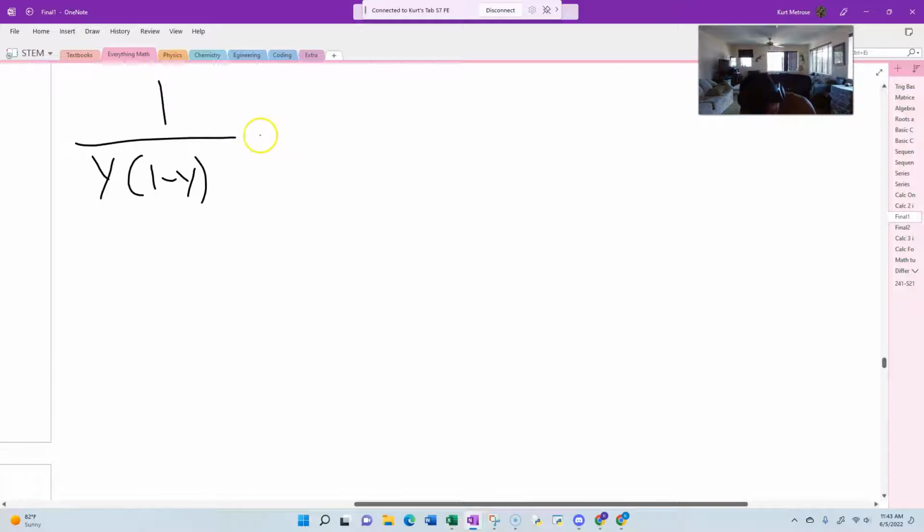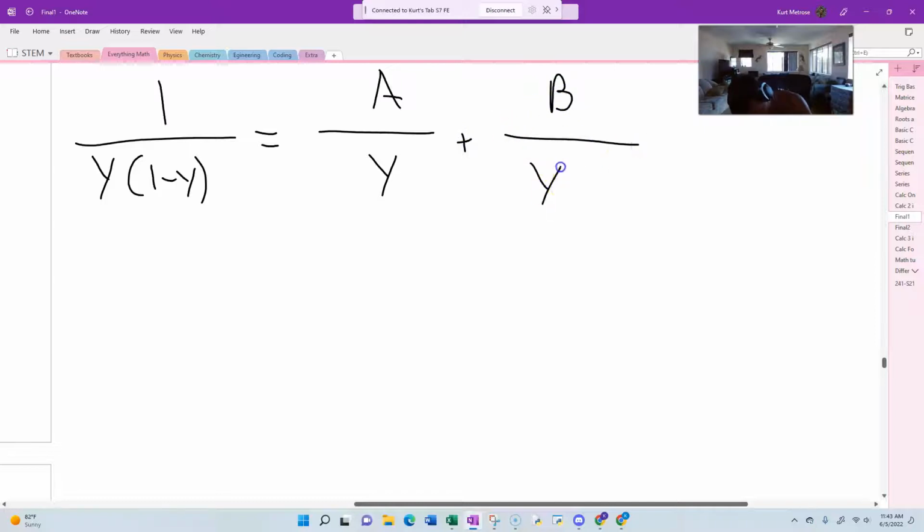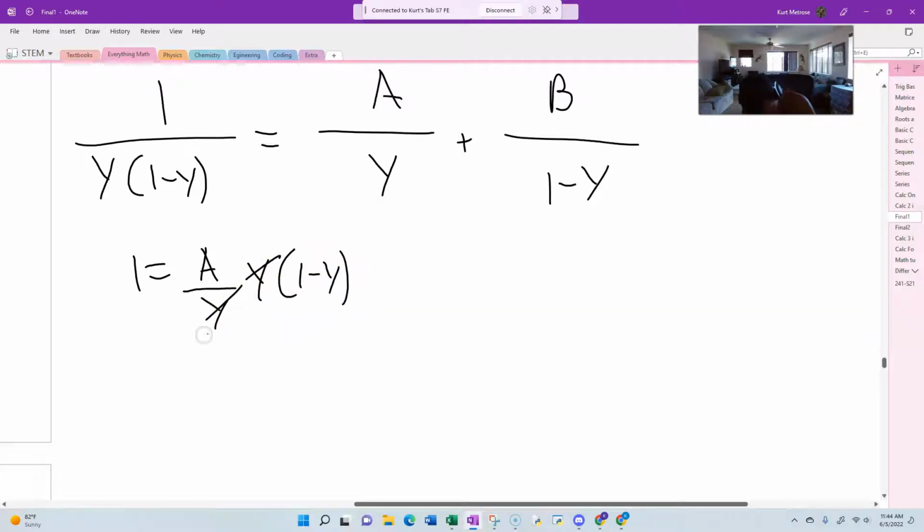Just write it as a over y plus b over 1 minus y. If you multiply both of these by the denominator over here, you get 1 equals a over y times y(1 minus y), and b over 1 minus y times that, so those go away.